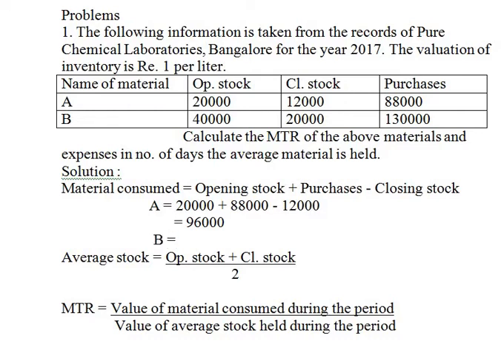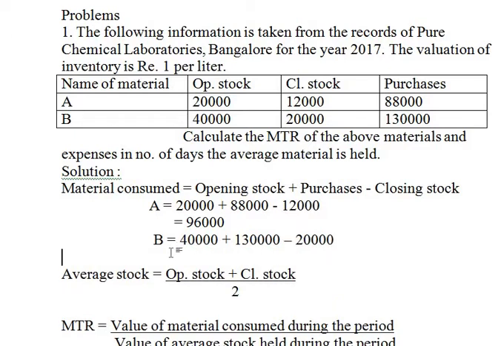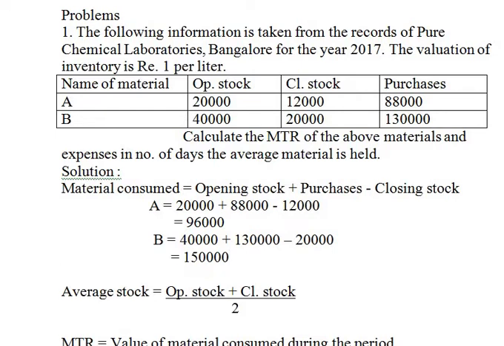B is equal to 40,000 plus 1,30,000 minus 20,000. Now this is equal to 1,50,000.